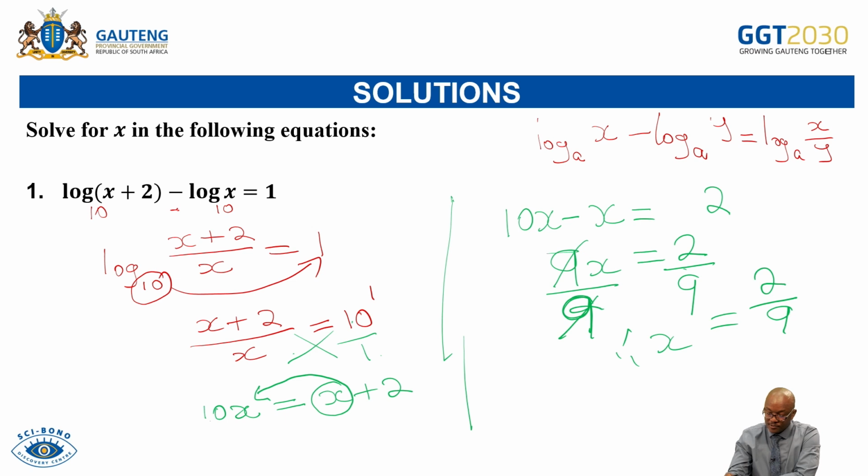Then, for you to test it, you can put it inside the equation. Where there is x, you can substitute 2 over 9 to test if the answer is going to be 1.